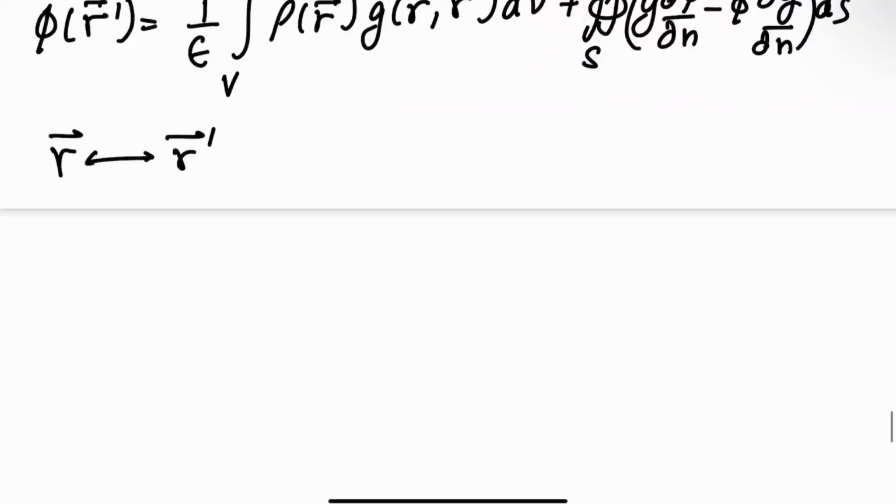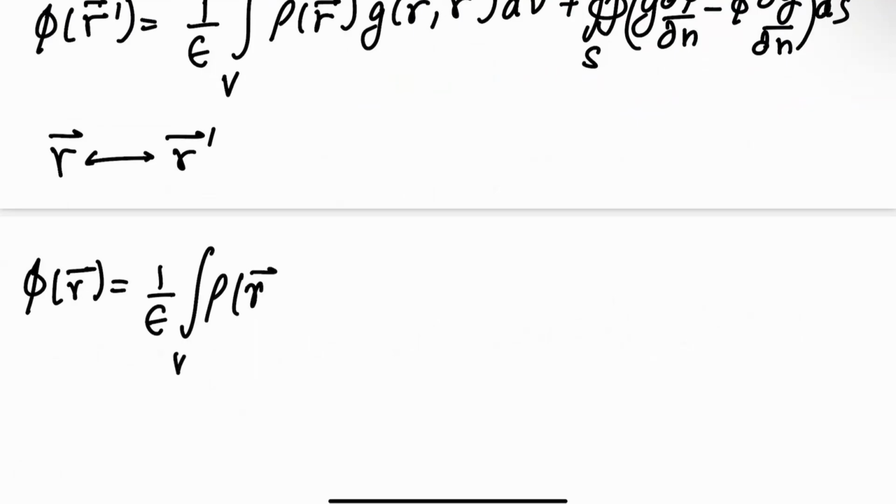So once we make that change, we get phi of r is 1 over epsilon integral over volume of rho of r prime, G of r comma r prime.